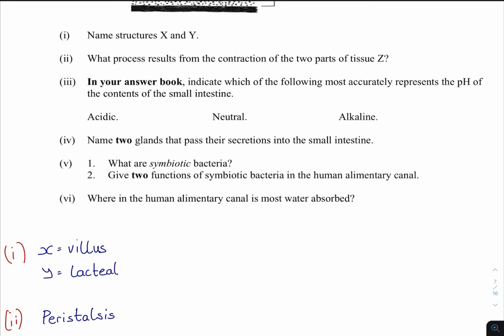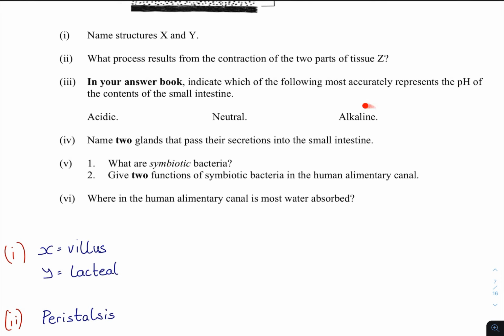In your answer book, indicate which of the following accurately represents the pH of the contents of the small intestine: acidic, neutral, or alkaline. Alkaline being a base. Now, this is where marker schemes kind of vary a small bit from this year and previous years. So the answer for this one was alkaline. So you're looking at a pH of 8.